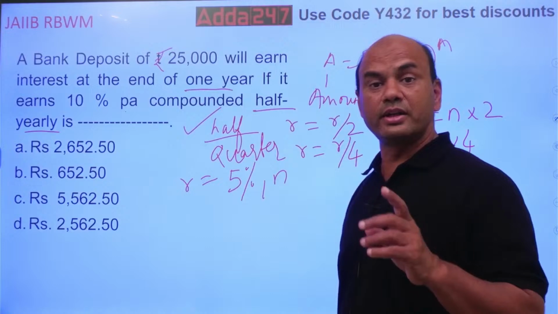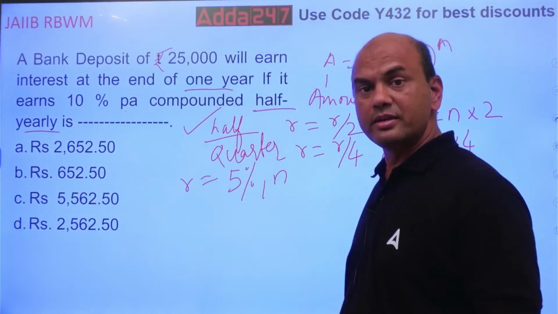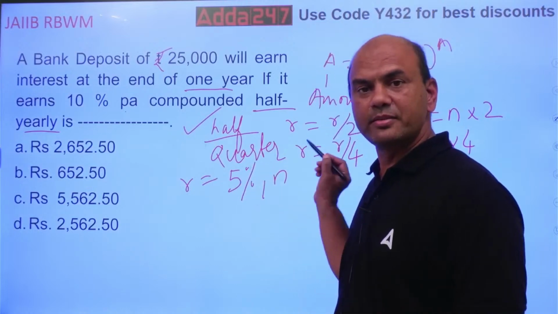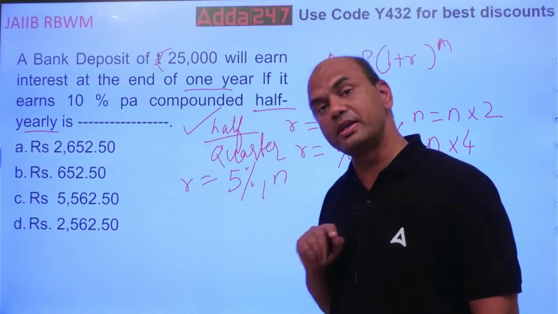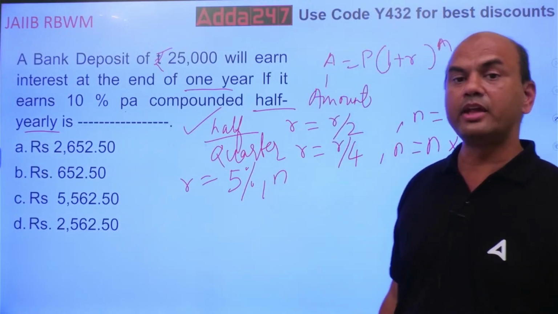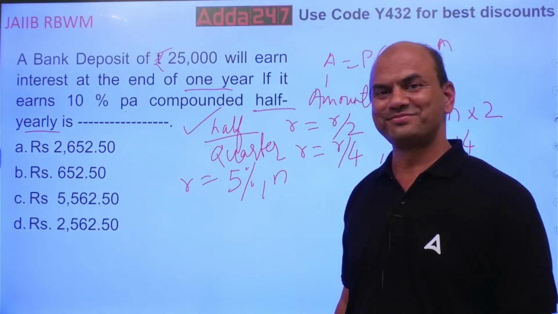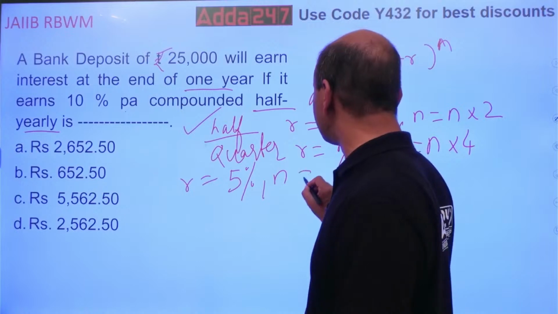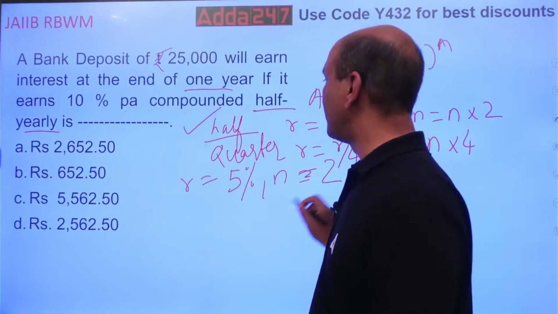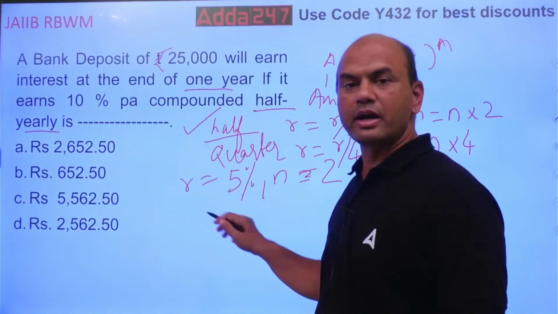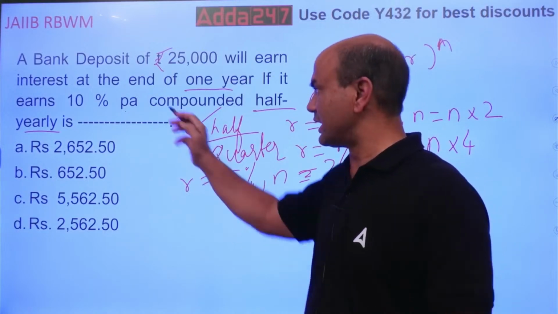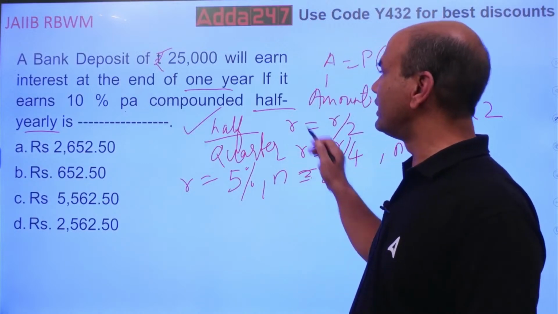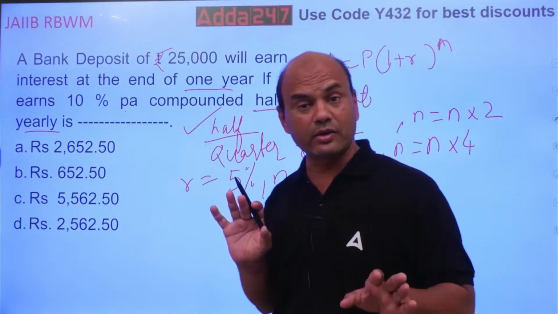Whatever number you divide R by, the same number you multiply for N. So N will be 2. Why? Because N is 1, and for R I have divided 10 by 2, so N is multiplied by 2: 1 into 2. Now we have both R and N.